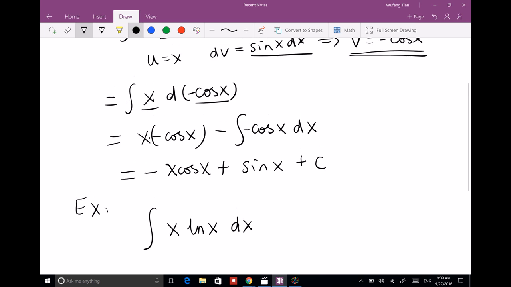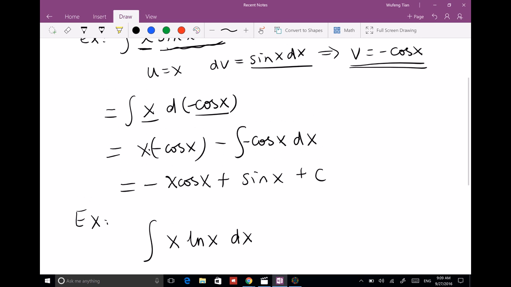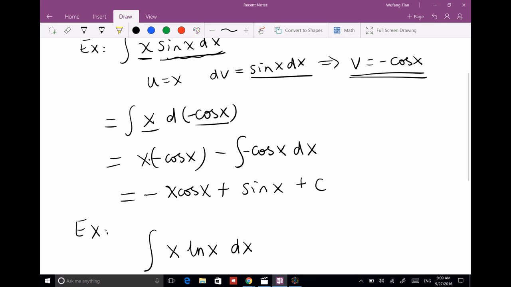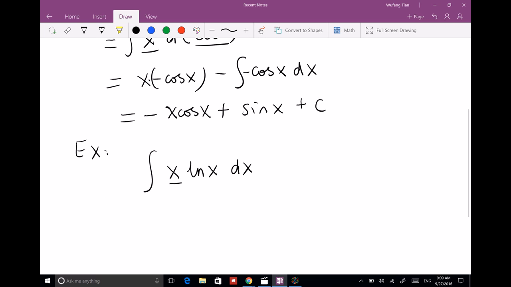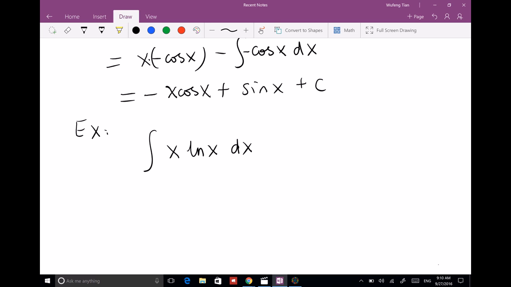This is a special case. You will not want to do the x as your u, because if you use integration by parts, for example, you might think, how about just let u equals x and dv equals ln x dx.